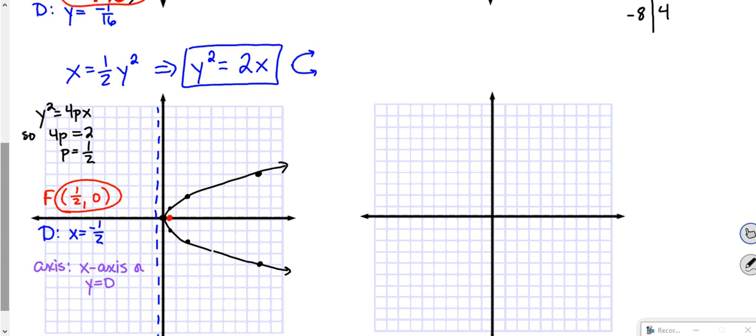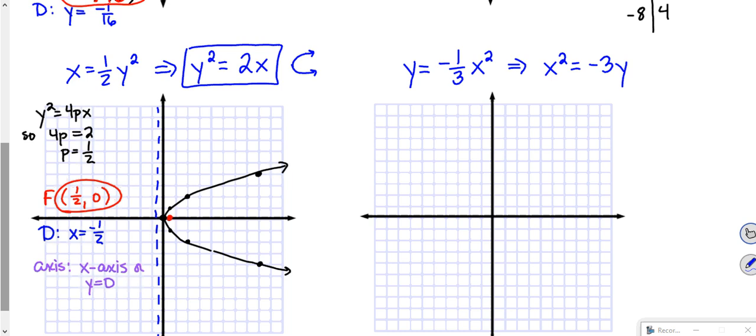All right, last one for the graphing. It is y equals negative 1/3 x squared. Once again, we need to solve that for the squared variable. So this is going to give me x squared equals negative 3y.